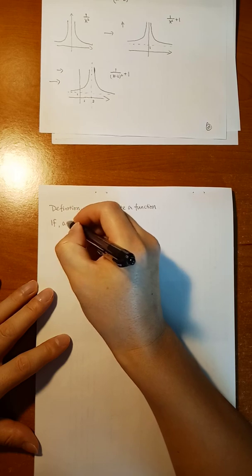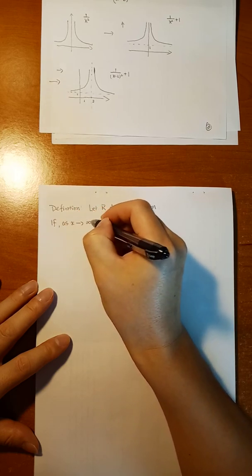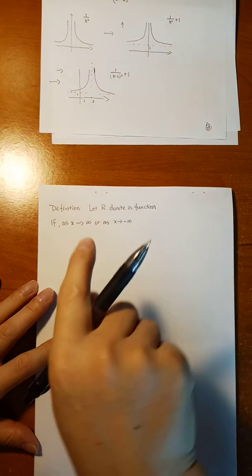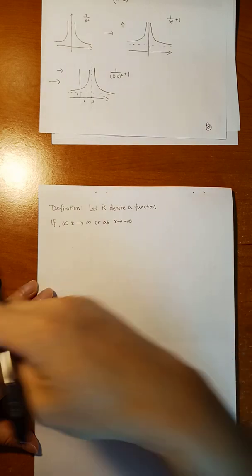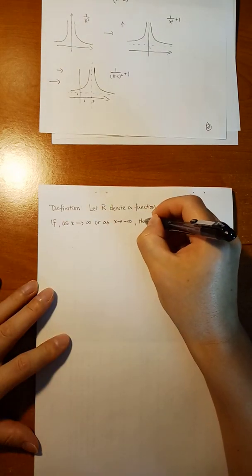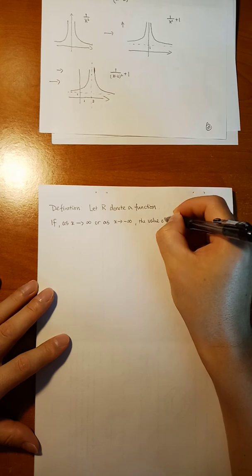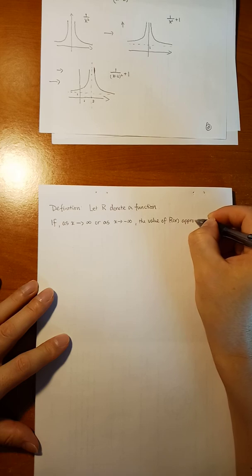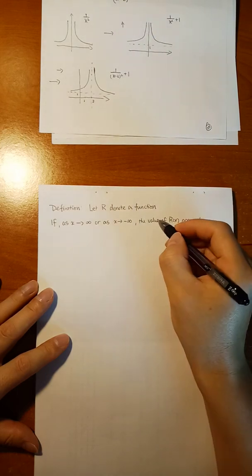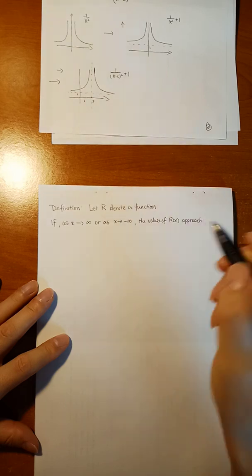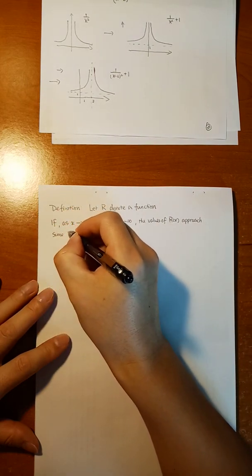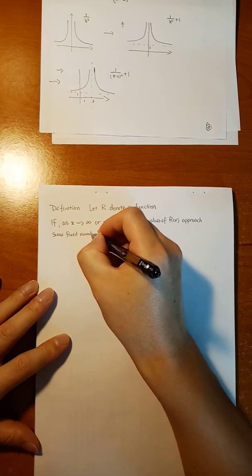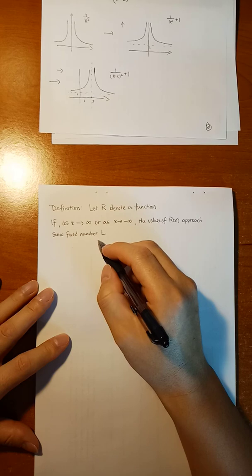If as x approaches infinity or as x approaches negative infinity, you can approach infinity either to the right or to the left, the values of R of x approach some fixed number L. L comes from the limit.